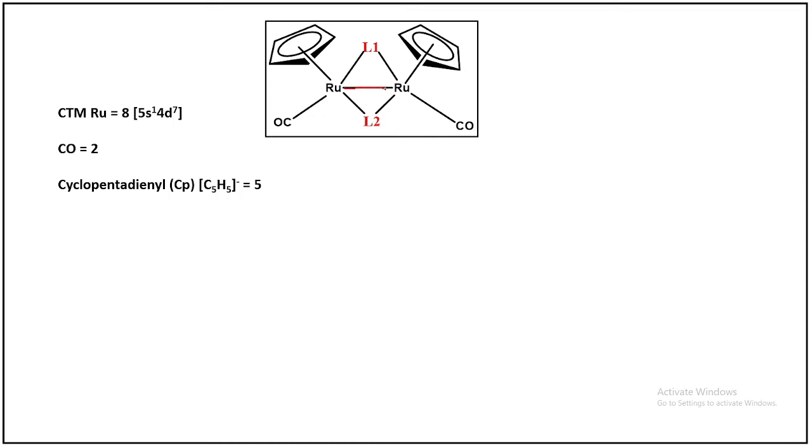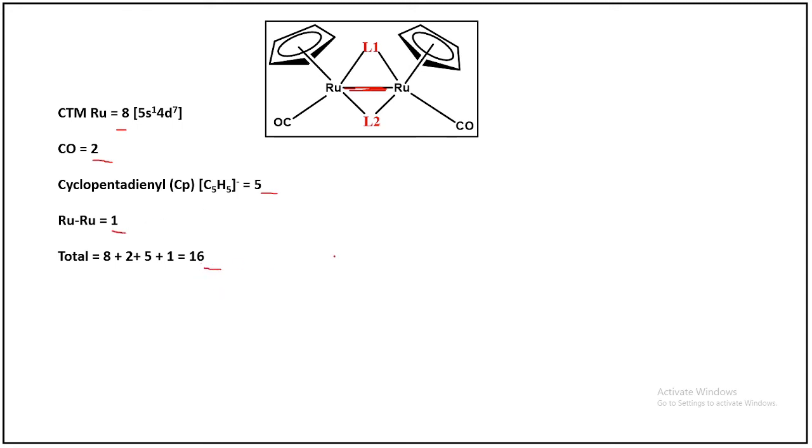Ruthenium also has one metal-metal bond, and each ruthenium will get 1 electron from the metal-metal bond, thus getting a total of 8 plus 2 plus 5 plus 1, that equals 16 electrons.